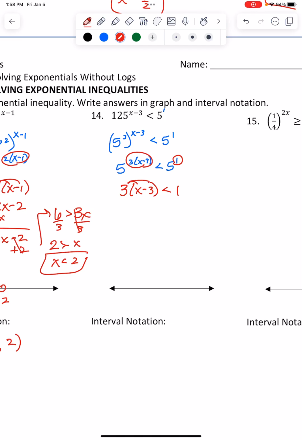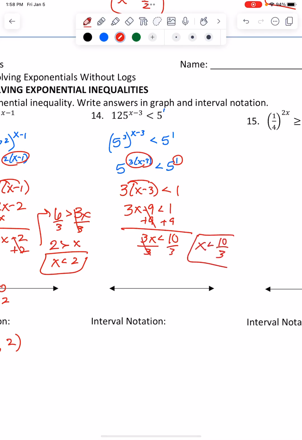So distribute. So it'd be 3x minus 9 is less than 1. Add your 9. Divide by 3. So x is less than 10 thirds. Okay, so open dot at 10 thirds. Less than that is to the left. Going from negative infinity up to 10 thirds.